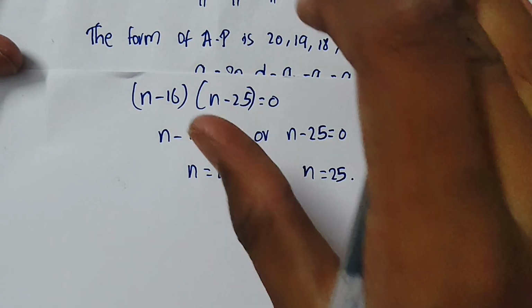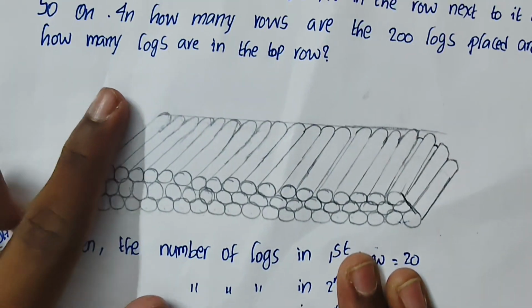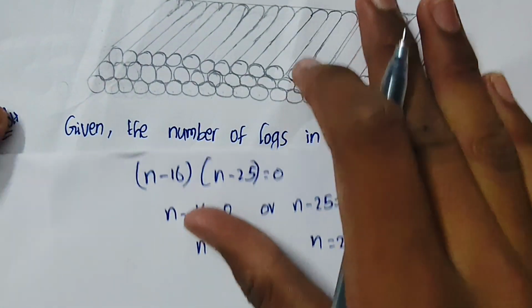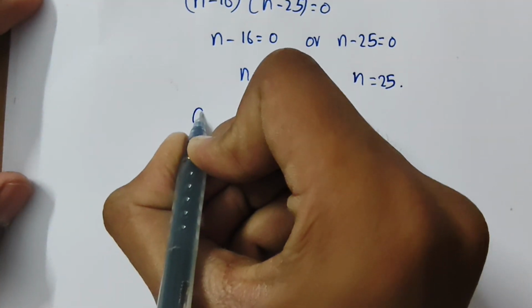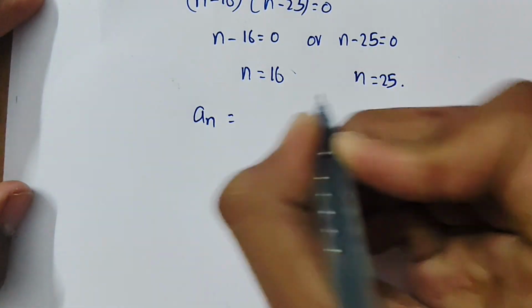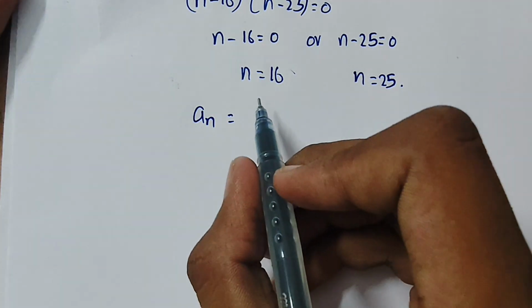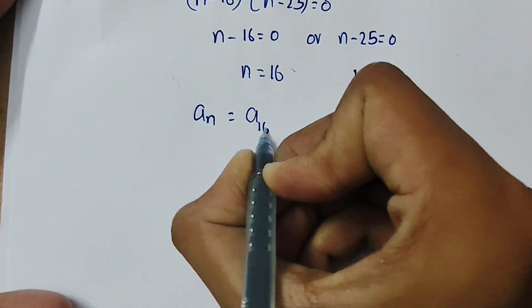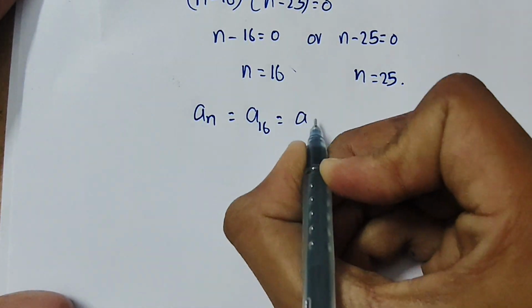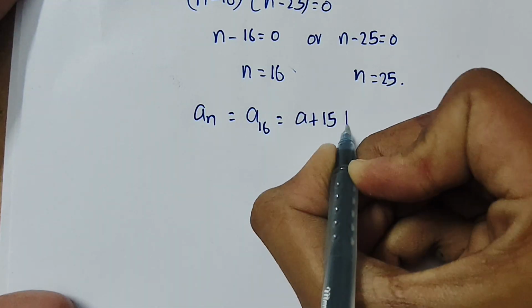So he asked to find how many logs are in the top row. Means first we have to find a base n. In the first case, the value of n is equal to 16. So a16 can be written as a plus 15d.